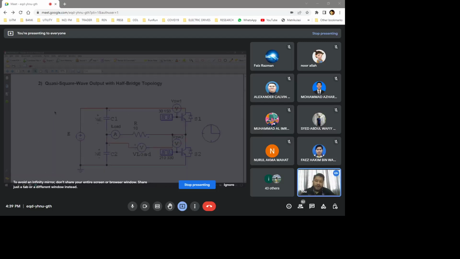Then we proceed with a quasi-square waveform. To switch to get a quasi-square waveform across the resistor, we modify the control signals to switch 1 and switch 2 a bit. So we're going to start at 0, and after 30 degrees the switch is turned on.